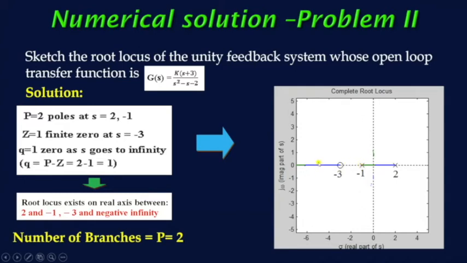If we consider any point beyond -3, the right-hand side poles and zeros total 3, that is 2 plus 1, which is odd. So the root locus exists on the real axis up to infinity because there are no other poles and zeros. So the root locus exists between 2 and -1, and between -3 and negative infinity.